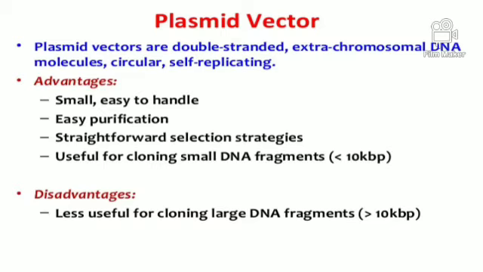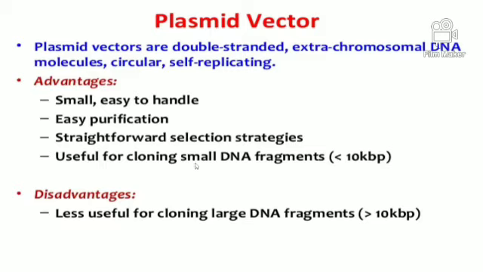You can use a plasmid for cloning a small fragment of any size. Disadvantages: it is less useful for cloning large fragments. If you require DNA as a large fragment, then it is not useful, and you go for another type of vector.